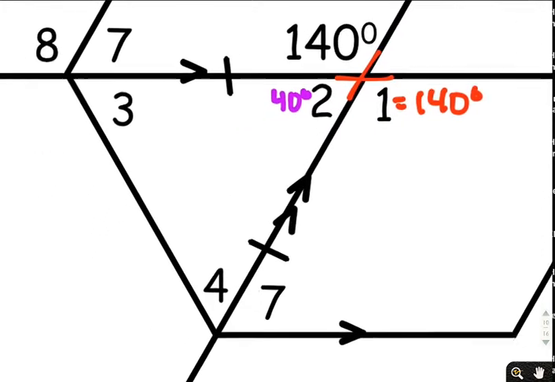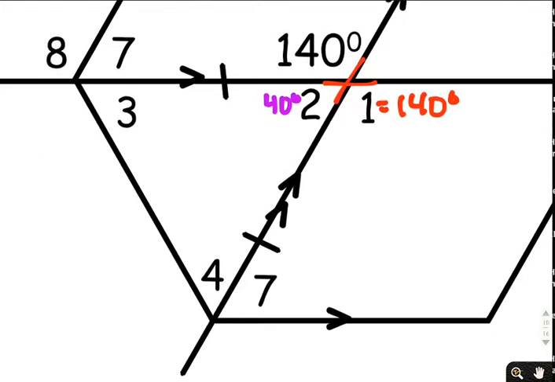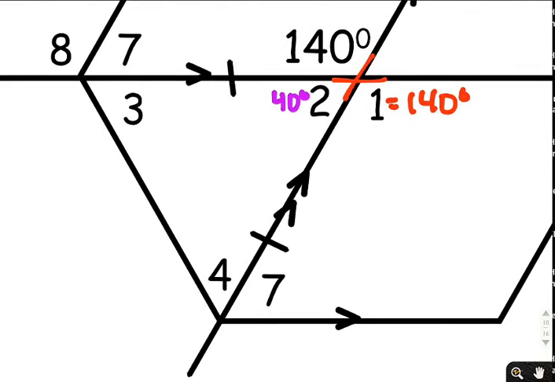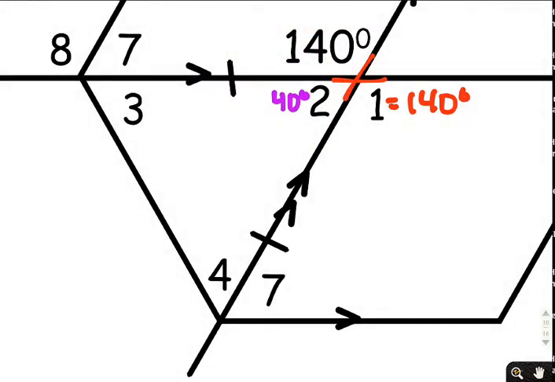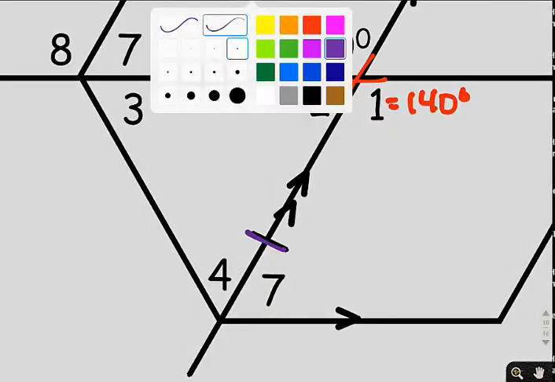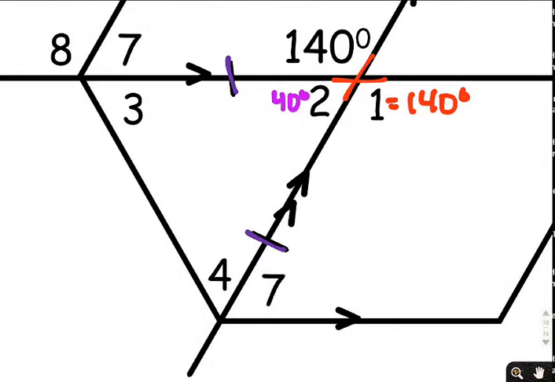Now here's where it gets kind of bananas. And what I mean by bananas is now it seems like I might be a little stuck. Now I'm not stuck, and the reason I'm not stuck is because I took time to review the base angle theorem, and the base angle theorem states that if I'm in an isosceles triangle, which I happen to be because I know these sides are congruent, then I know that angle 3 and angle 4 have to be congruent.